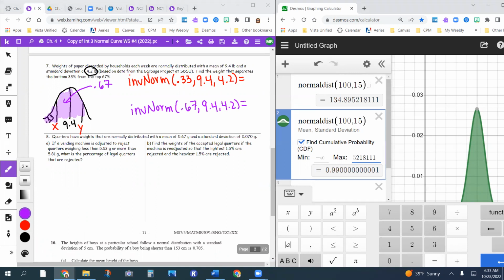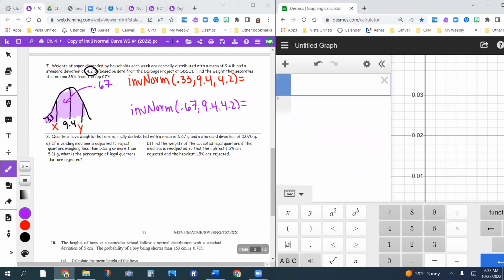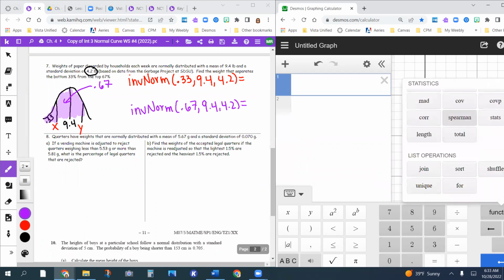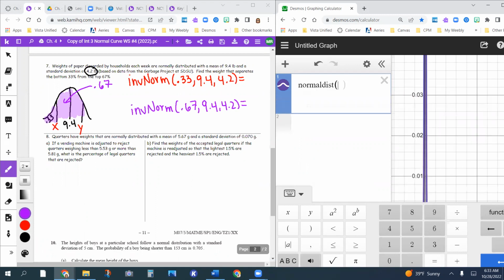Let me just clear this out. That's what you guys are going to type in. I'm doing this on Desmos, so it's a little harder on Desmos. I'm going to put in the information first for the normal curve. So my mean is 9.4, my standard deviation is 4.2.